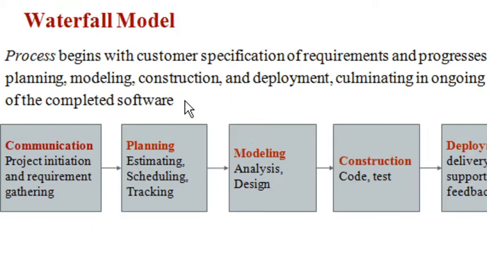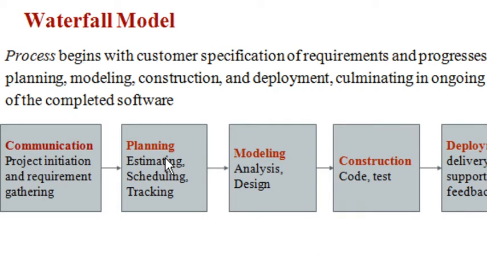The reason is that in the waterfall model, certain steps or activities have to be carried out one after the other. For example, here the activities like communication, planning, modeling, construction, and deployment take place in the waterfall model. Once the communication activity gets completed, then only the planning phase gets started.